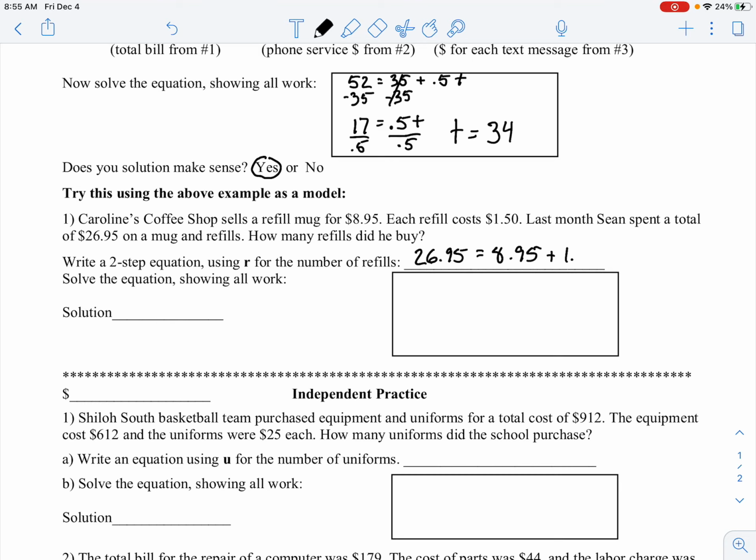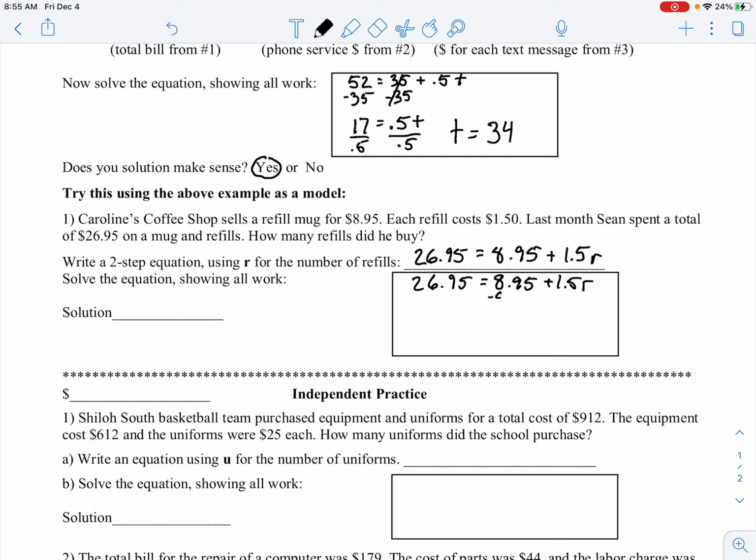So $1.50 per refill, and we don't know how many refills he got, so we're going to use R for refill. So what we're doing here is working backwards to figure out how many refills he got to equal that $26.95. So I'm going to rewrite my problem here. And now we have our two-step equation that we have to solve.